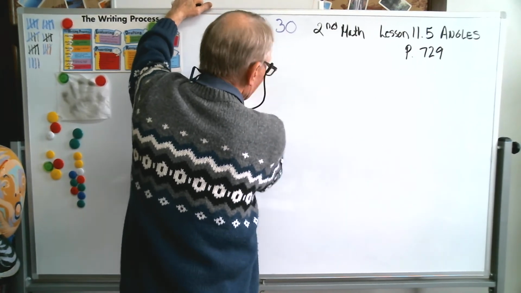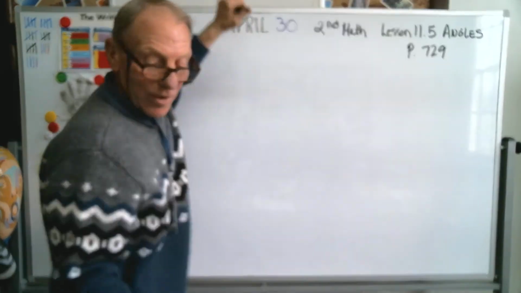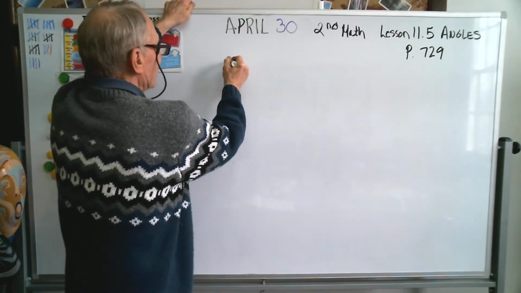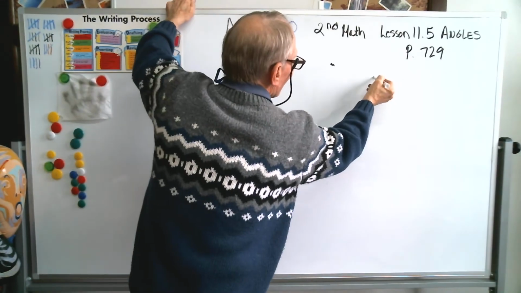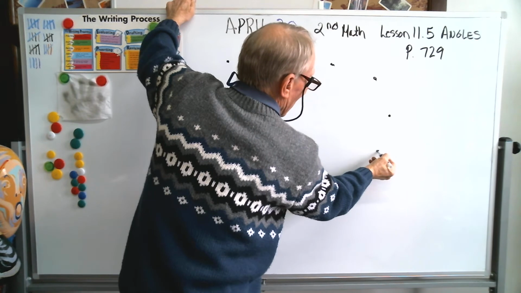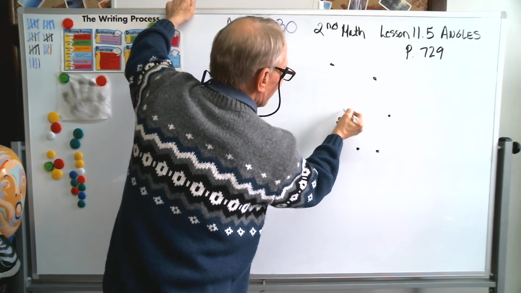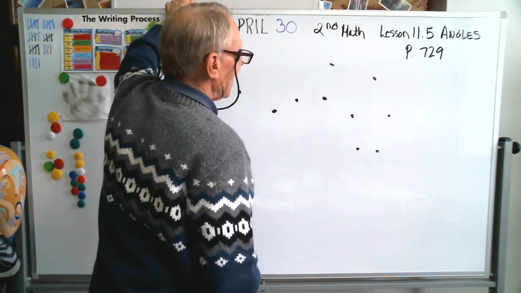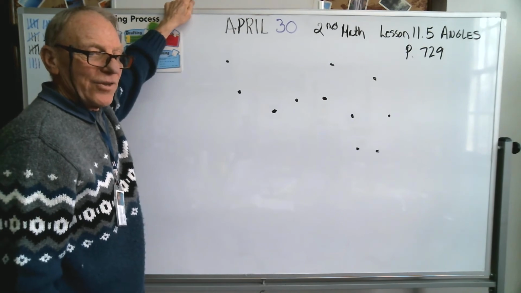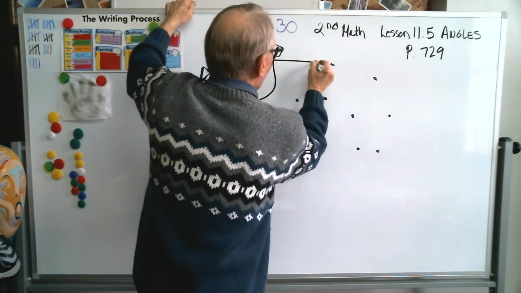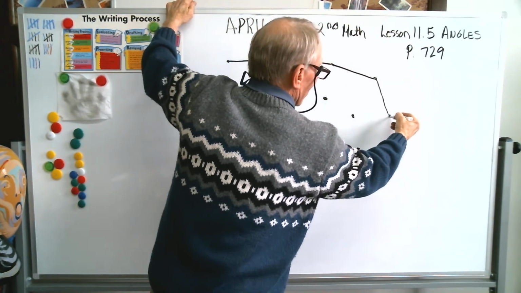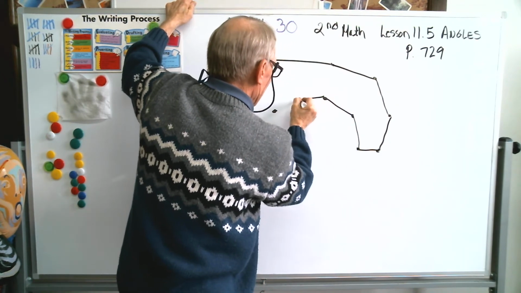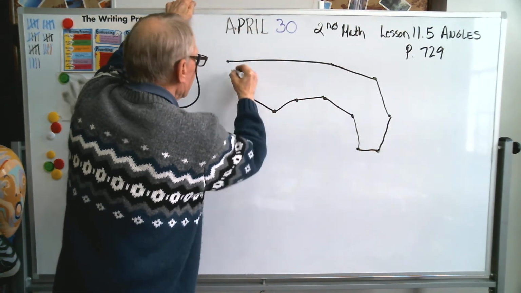They're really pushing your ability here to draw something crazy, because now if you have 11 angles, we got to make 11 dots. 1, 2, 3, 4, 5, 6, 7, 8, 9, 10, 11. Now, what kind of a crazy shape is this going to turn into?